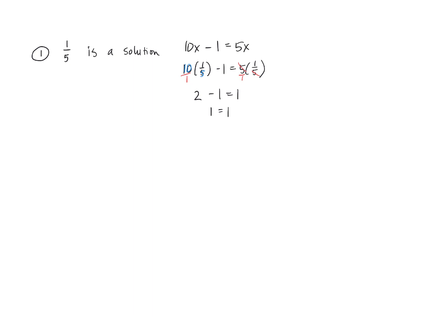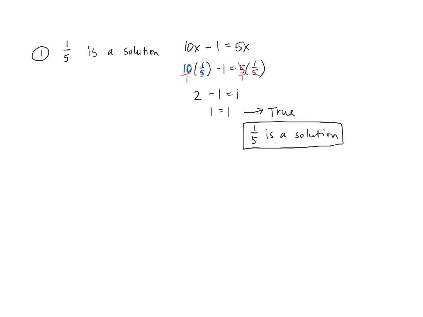So now we're left with the equation 1 equals 1. So you have to determine, is that true or not? So 1 does equal 1. So this is a true statement, which means 1/5 is a solution to the equation.